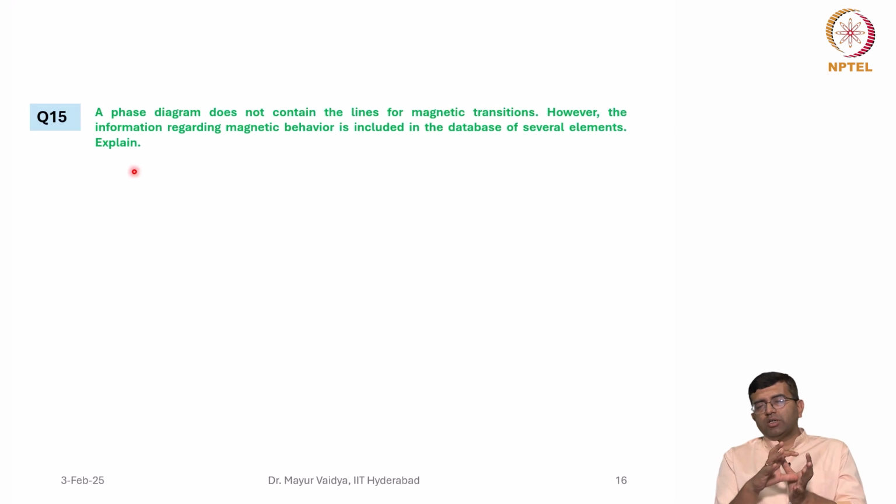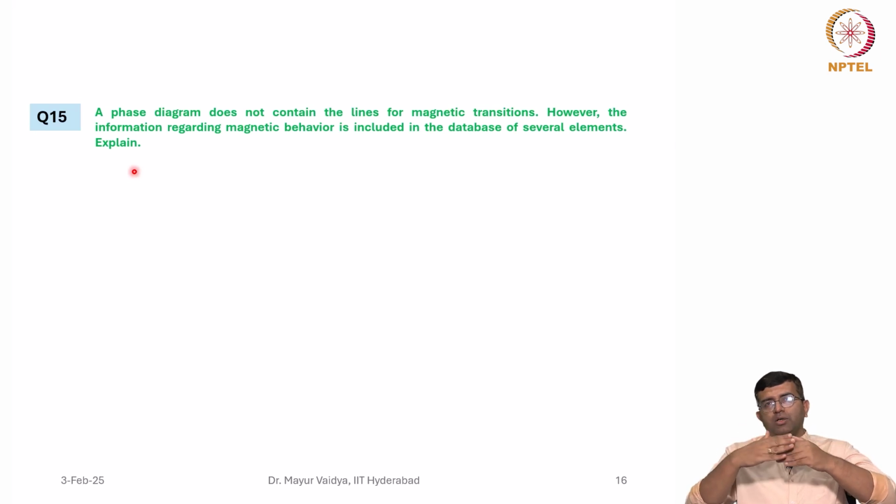It does not include the behavior about magnetism. If you see a paramagnetic and a ferromagnetic BCC iron, it will have a similar crystal structure and the same composition, and therefore it is not considered a separate phase in the phase diagram nomenclature. So, it is not reflected in the phase diagram.